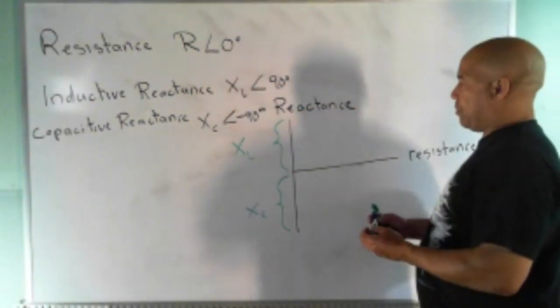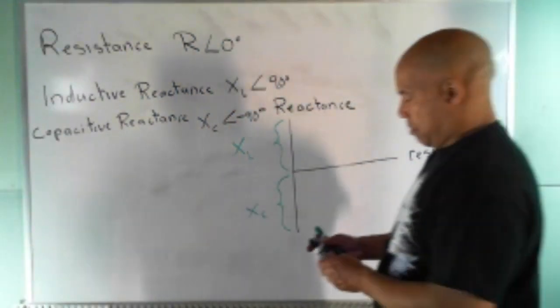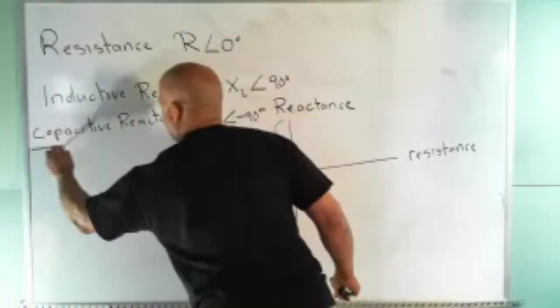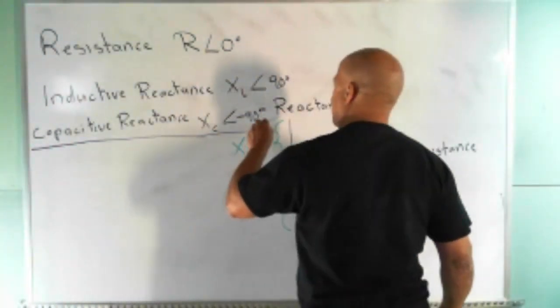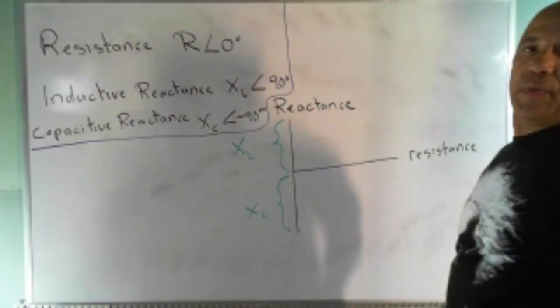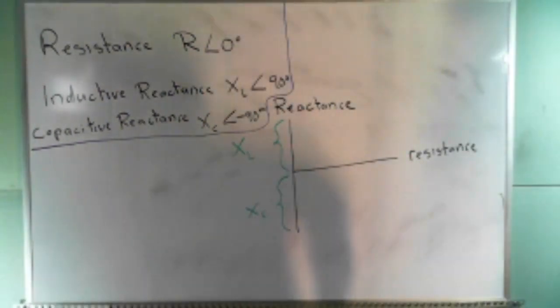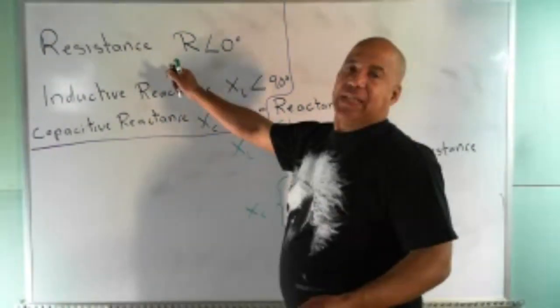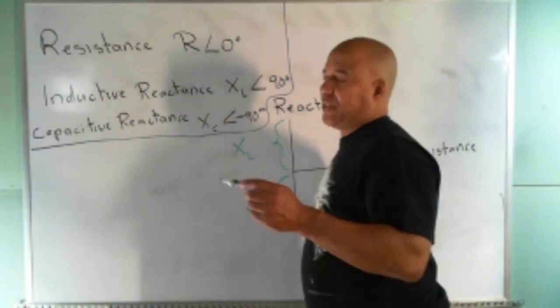So you want to remember this. Those are the oppositions we talked about so far. Now, to get resistance, you know how to do that from DC.